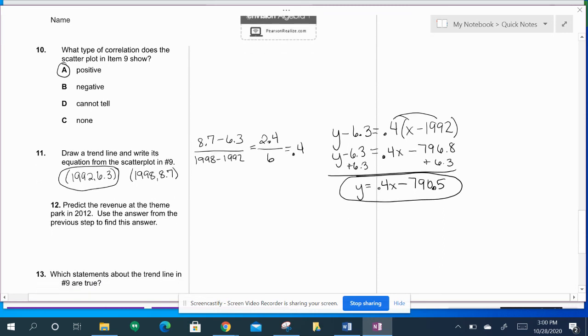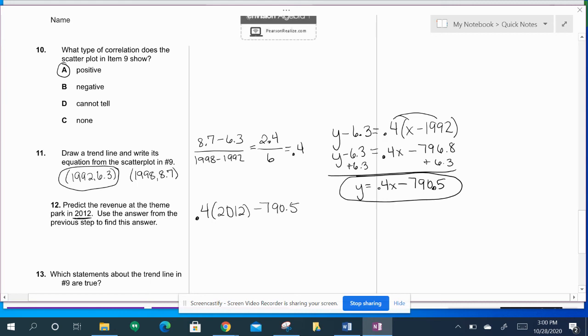So then using this information, predicting how much revenue the park will have in 2012, I'm just going to plug in 2012 for my x. So 0.4 times 2012 minus 790.5, and I'm going to solve.